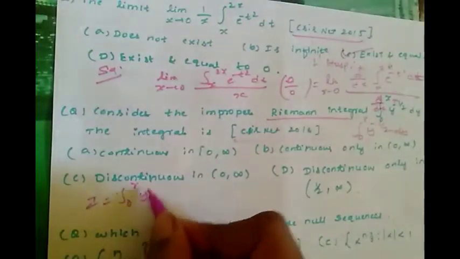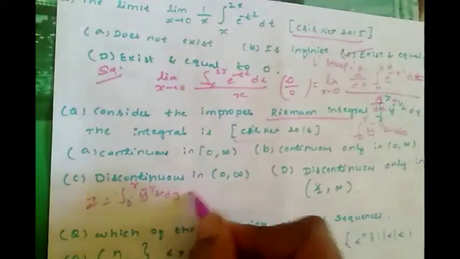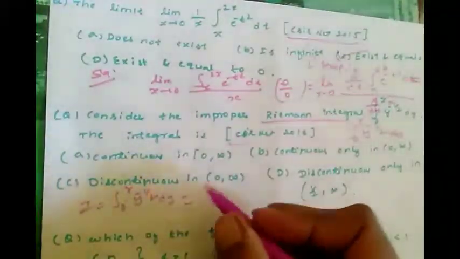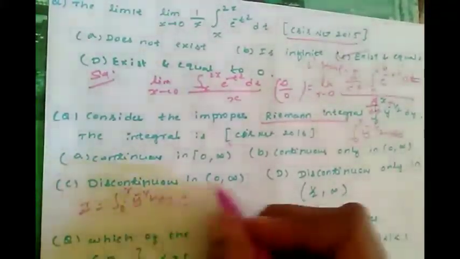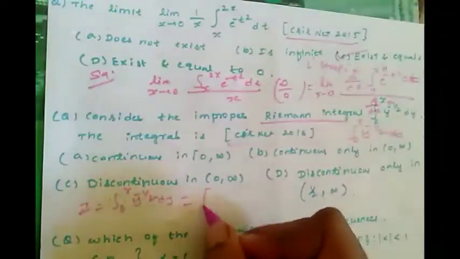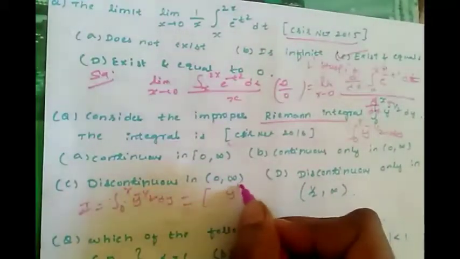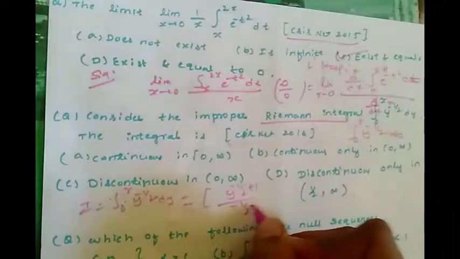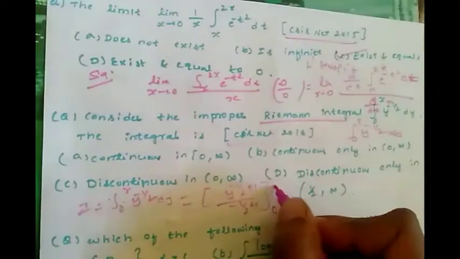I is equal to the integral from 0 to x of y power of minus 1 by 2 dy. We have to directly integrate this. We get y power of minus 1 by 2 plus 1, divided by minus 1 by 2 plus 1, with limits 0 to x.